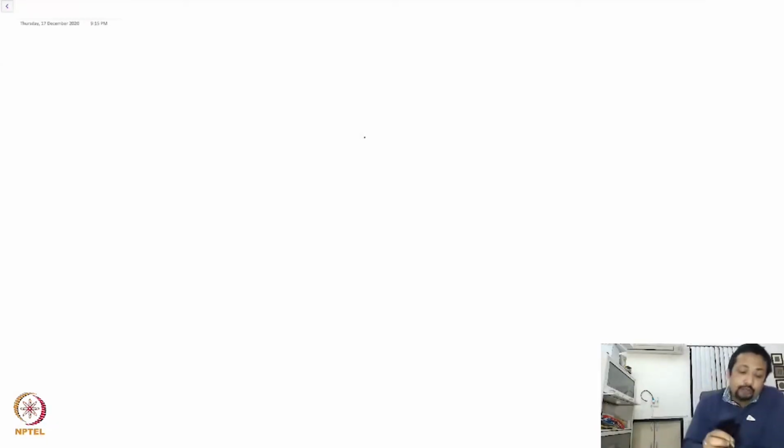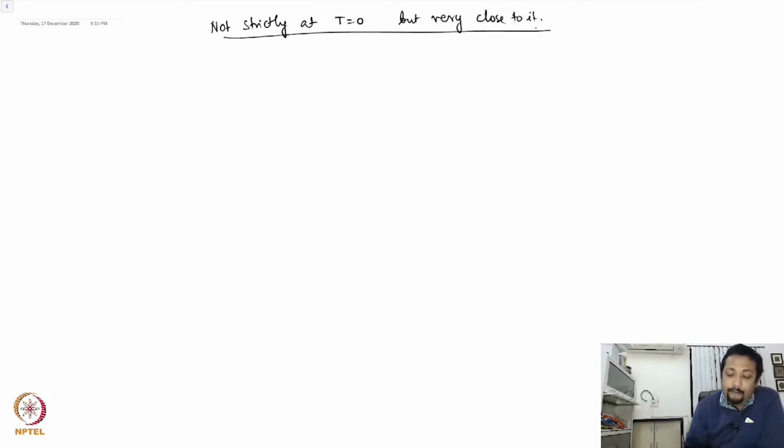So now we want to understand what happens if we are not strictly at t equal to 0 but very close to it, right? So we start off with the integral that we have defined.